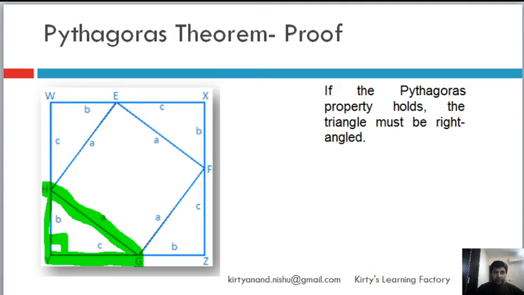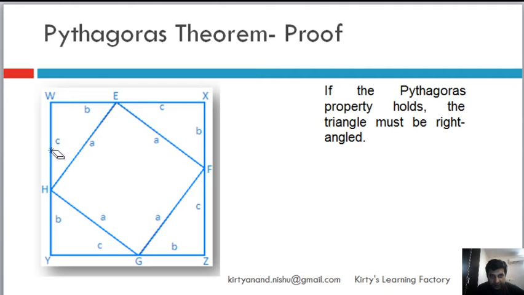Now what I have done is, if this side is B and this side is C, basically base is C and perpendicular is B, I will create a square of side B plus C. So this is C, this length is B, this B I will add here, and this C I will add here. And similarly I will construct a whole square of length B plus C.